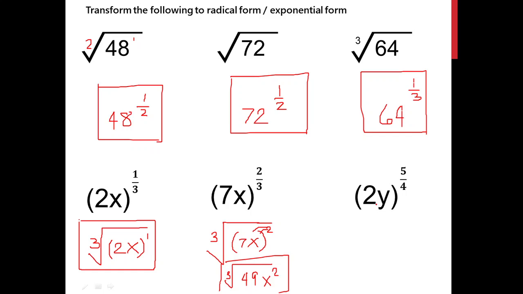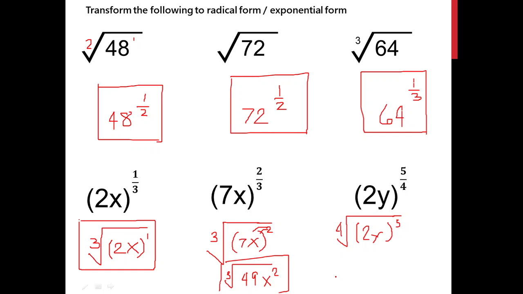Lastly, you have the quantity 2y being raised to the power 5 over 4. So here, the denominator of the exponent is 4, therefore this is the fourth root. The base becomes our radicand. The numerator of the exponent becomes the power of our radicand.